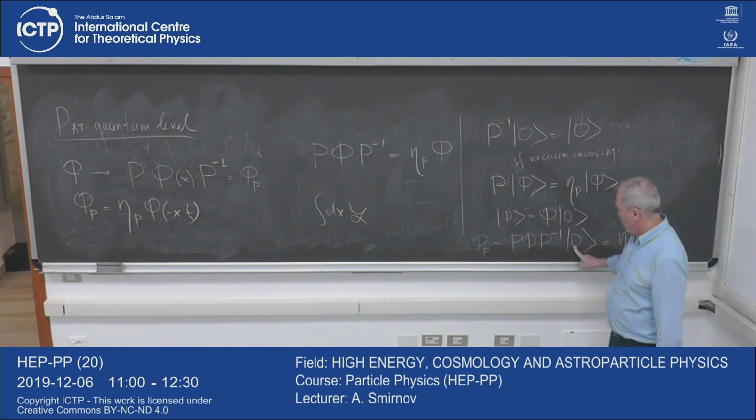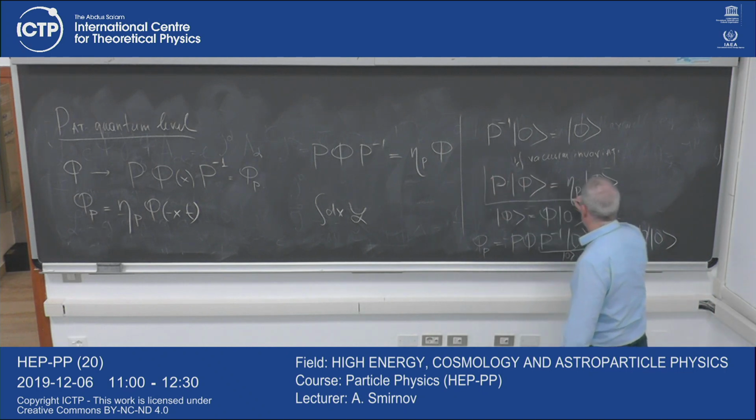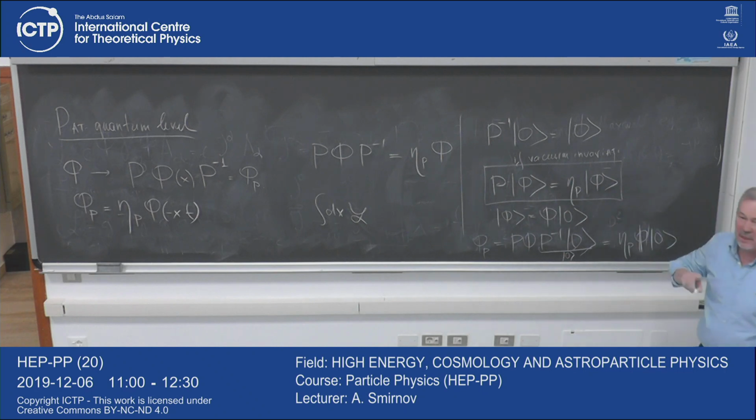And now if the vacuum is invariant, then this is again the vacuum state, and that leads to such a transformation of the state. So what I did here, I just showed that this is how the states are transformed under the operator of parity. Okay, so that is the transformation again, and this is important if the vacuum is invariant.